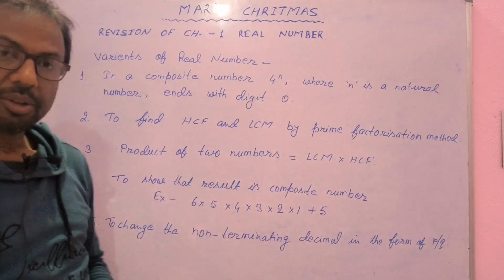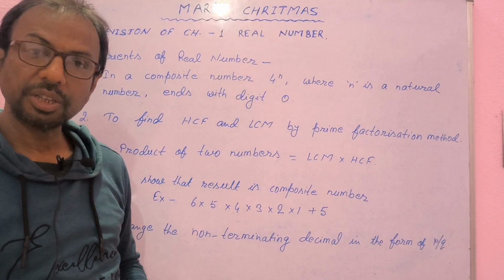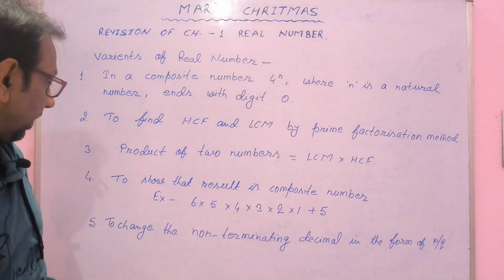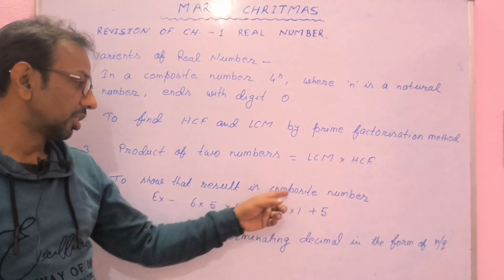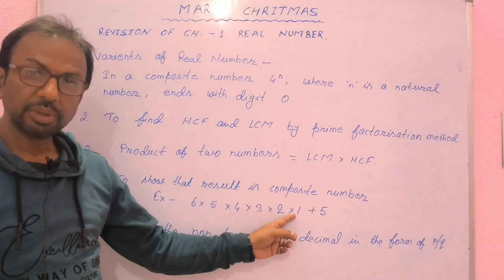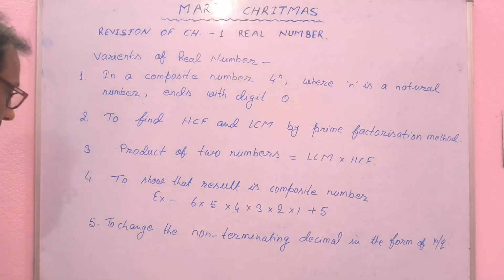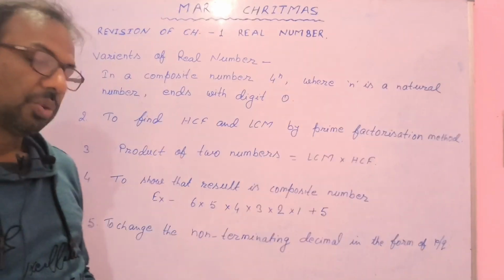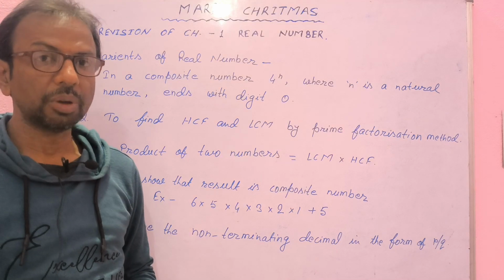Third variant: product of two numbers equals the product of their LCM and HCF. Fourth variant: to show the result is a composite number, such as when a number is given, you have to show that it is a composite number. Fifth variant: to change a non-terminating decimal into the form p by q.